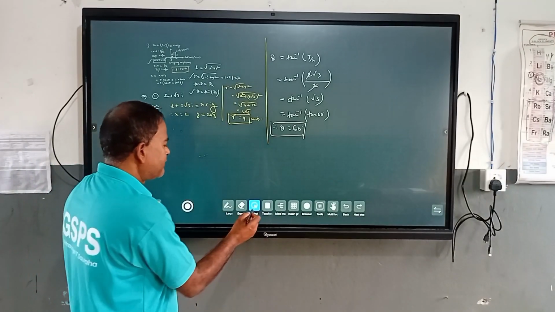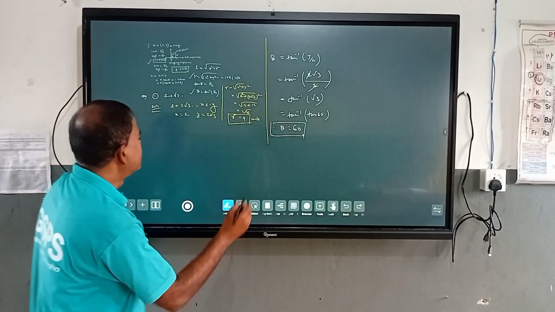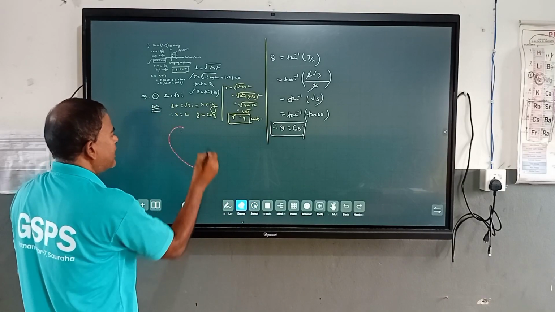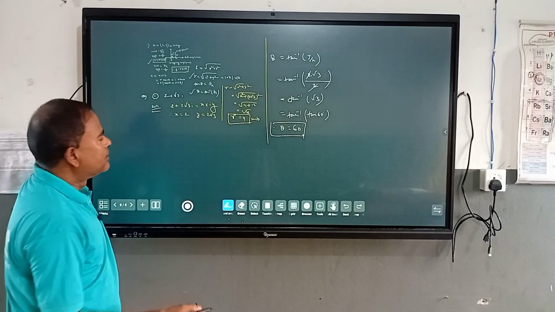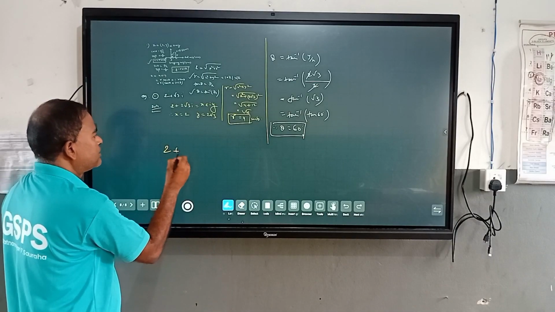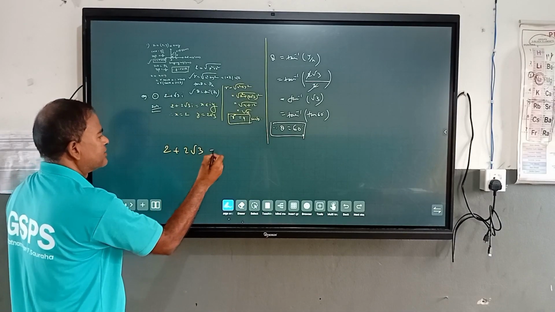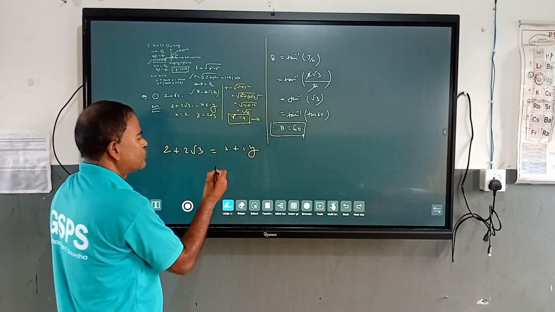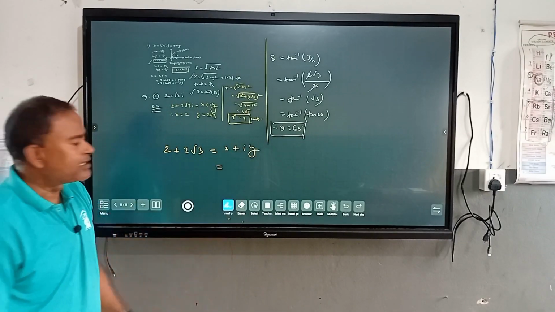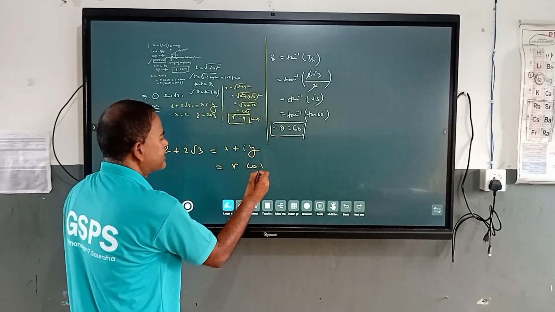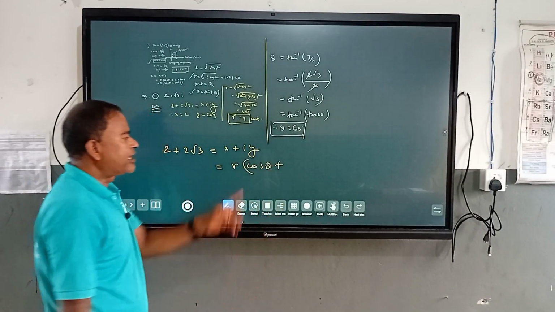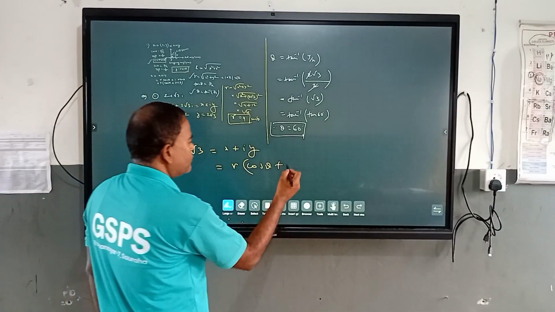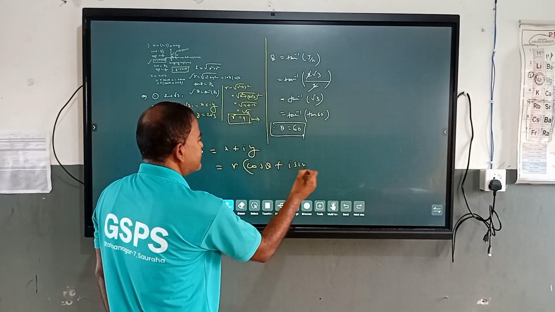So after getting the value of r and theta, we can write 2 plus 2 root 3i, which is in the algebraic form, that means x plus iy. So we know already x means r cos theta plus i, y means r sin theta, which we have already found.